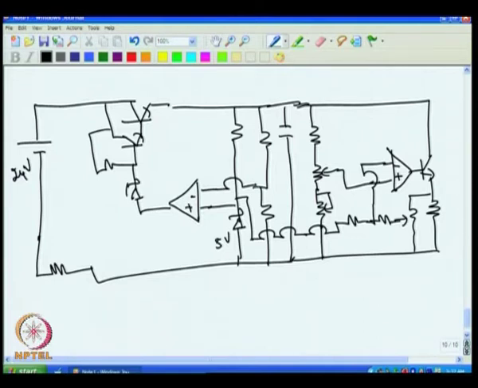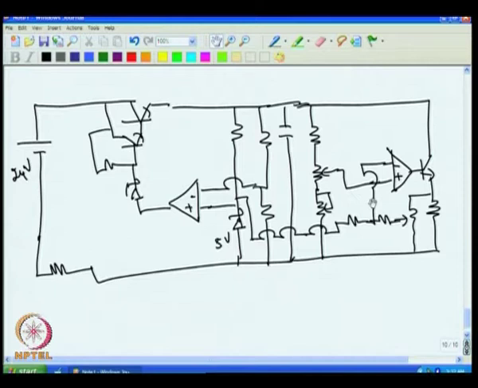So, what we have done is we have a voltage regulator part here. That makes sure that the voltage across this is constant. Then when the mechanical system moves, the voltage at this point varies. If it increases, then we know that if this voltage goes up, this voltage also has to go up.